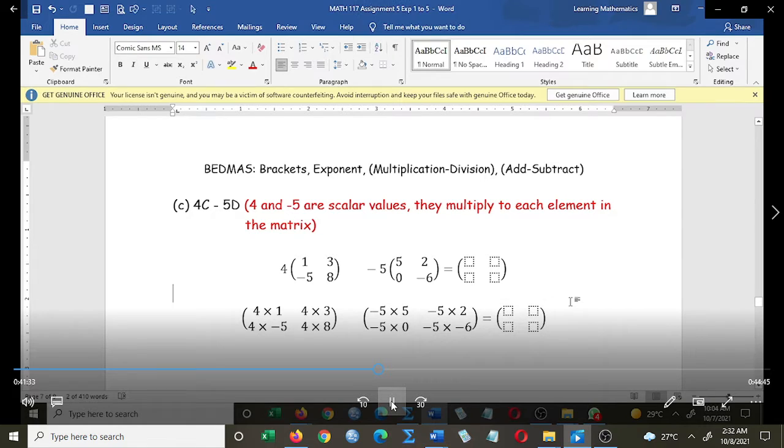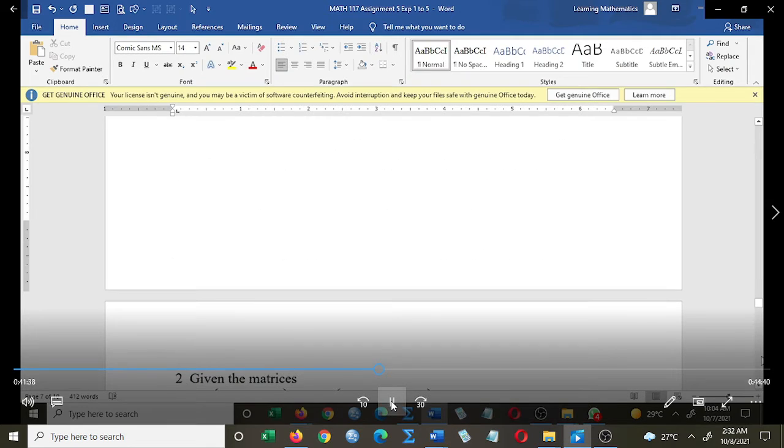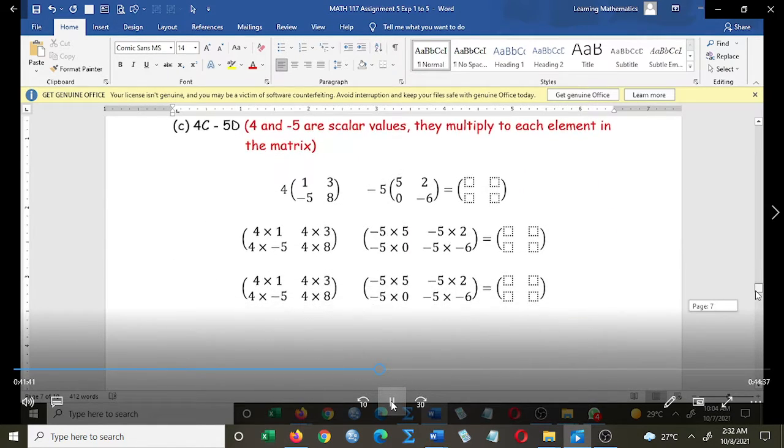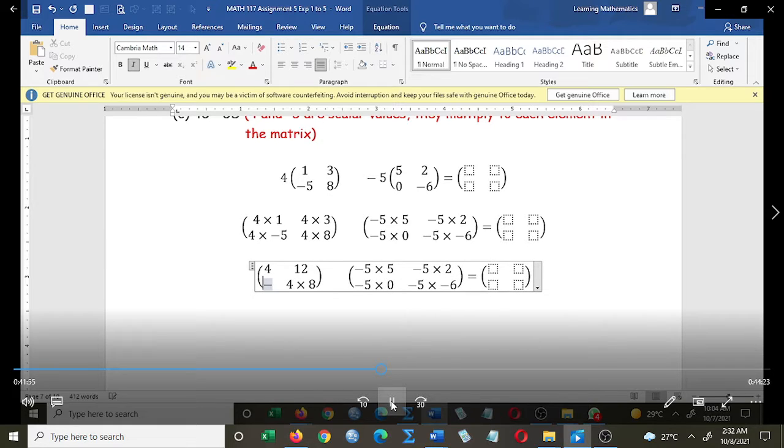So you realize now with the one, we did it separately on the side, because there's a negative one multiplying. Just like the negative 5, we have to deal with it. So 4 times 1 is what? 4. 4 times 3 is what? 12. 4 times negative 5 is what? Negative 20. 4 times 8 is what? 32. 5 times negative 5 is what? Negative 25. Negative 5 times 2 is what?